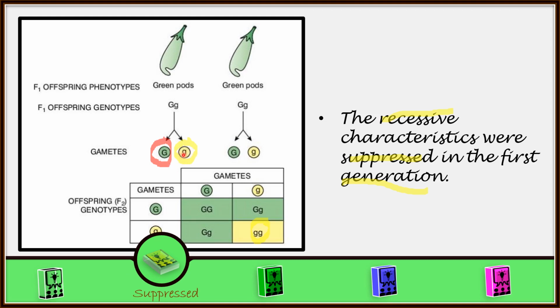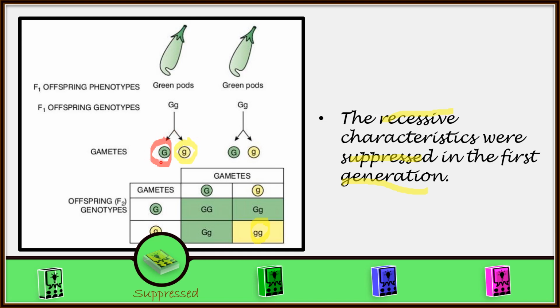So when the two come together, a dominant and a recessive, the recessive is going to be suppressed, meaning that the recessive will not express itself, because the capital G is for green color, small g is for yellow color.